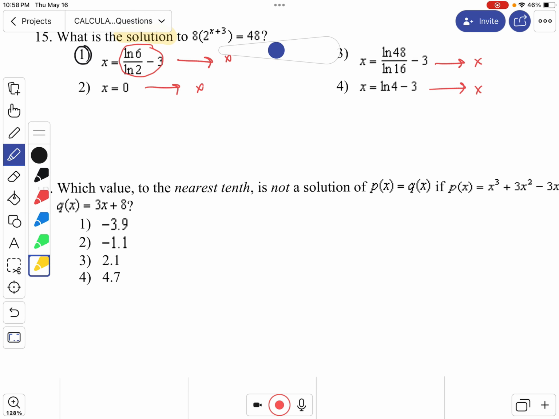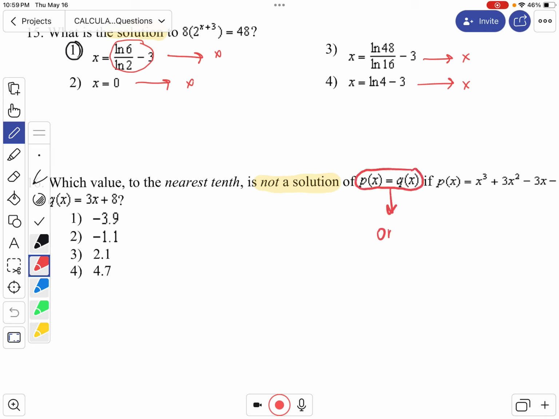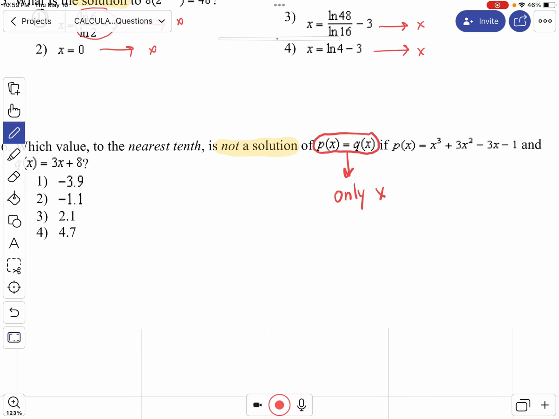All right, and the last question, this one's a pretty popular one. Which value to the nearest tenth is not a solution? Now, whenever they set the functions equal to each other, they only want the x values. In our calculator, we're going to have to figure out where these intersect.